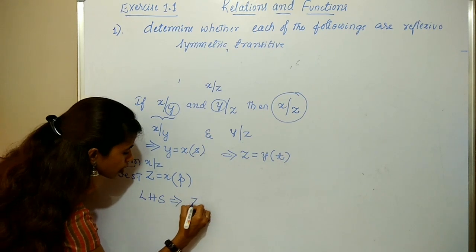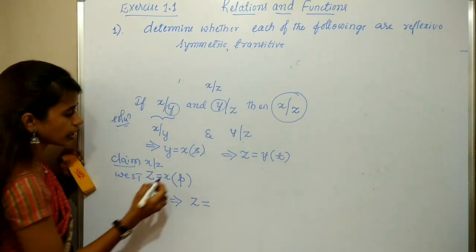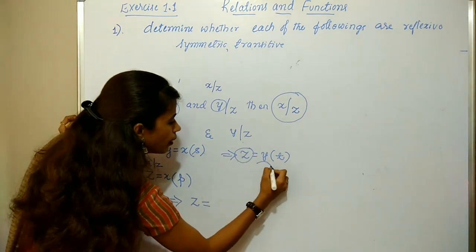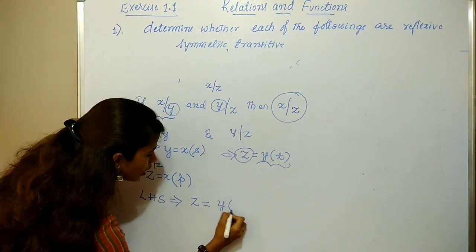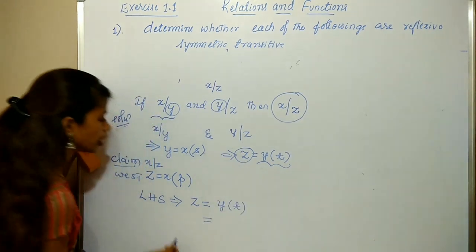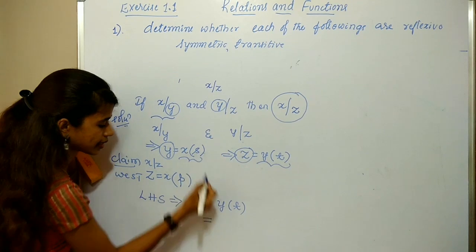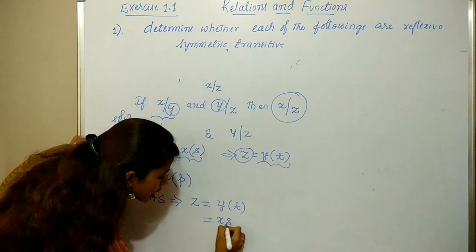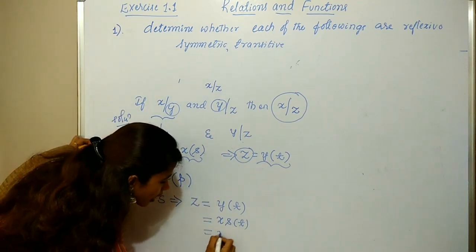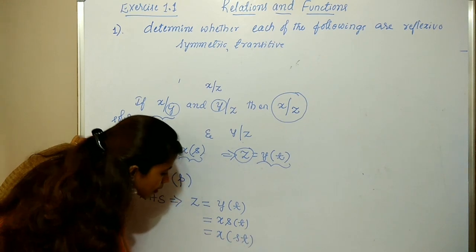LHS is z. In place of z we have y t. y into t is equal to, in place of y we have x s, so x s into t. That is x into s t.